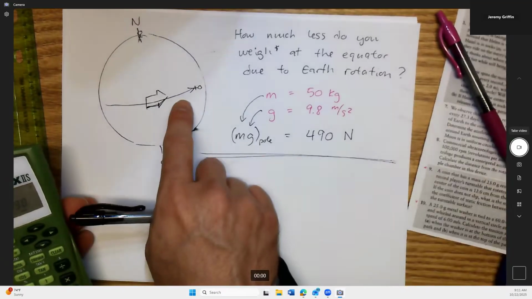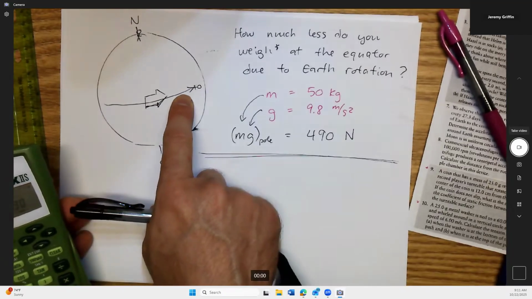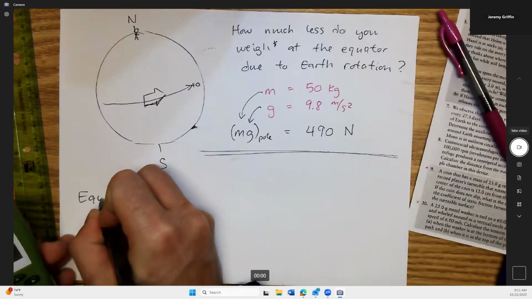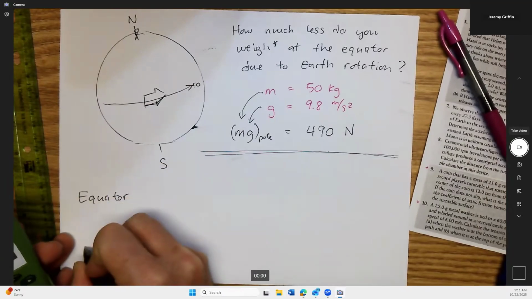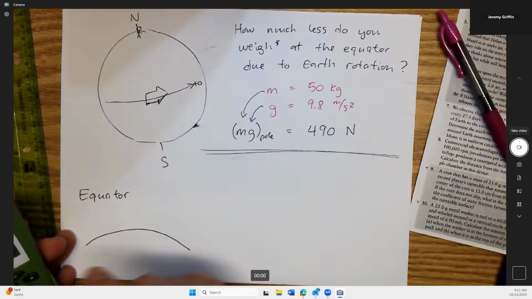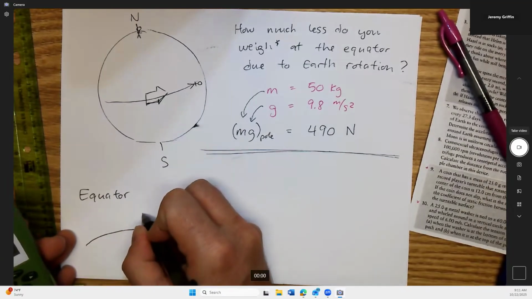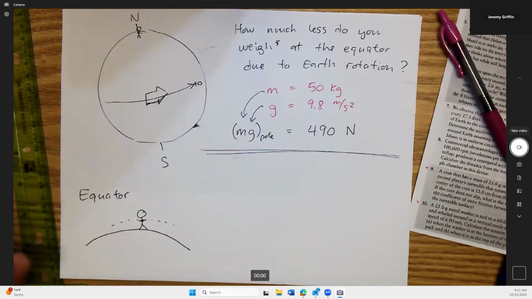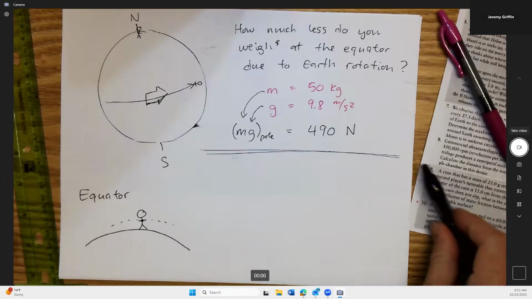Now I want to know for this guy on the equator. So let's go to the equator, let's look at the surface. This guy's on a curved surface, definitely exaggerating here. Put a guy right here. Even if he's standing and says, "Oh, I feel like I'm at rest relative to the surface," is he in true equilibrium?